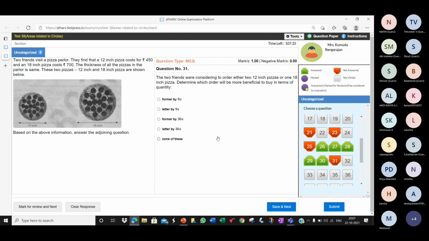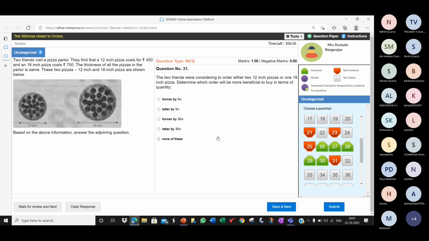The area of the first pizza is pi r square, pi into 6 square, 36 pi. The second one, pi r square, pi into 9 square, 81 pi.